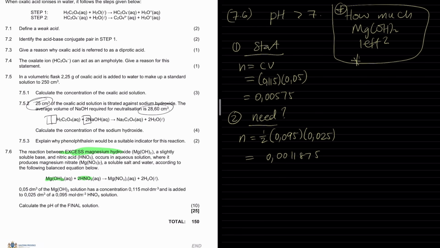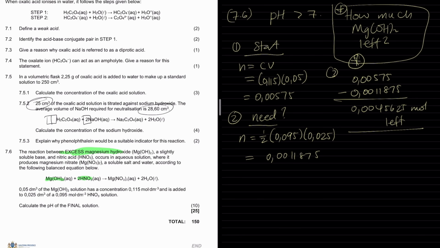So how much is left? That's going to be 0.00575 minus 0.001185. That means I have 0.004625 moles left. Now this, we must understand, is in a container.